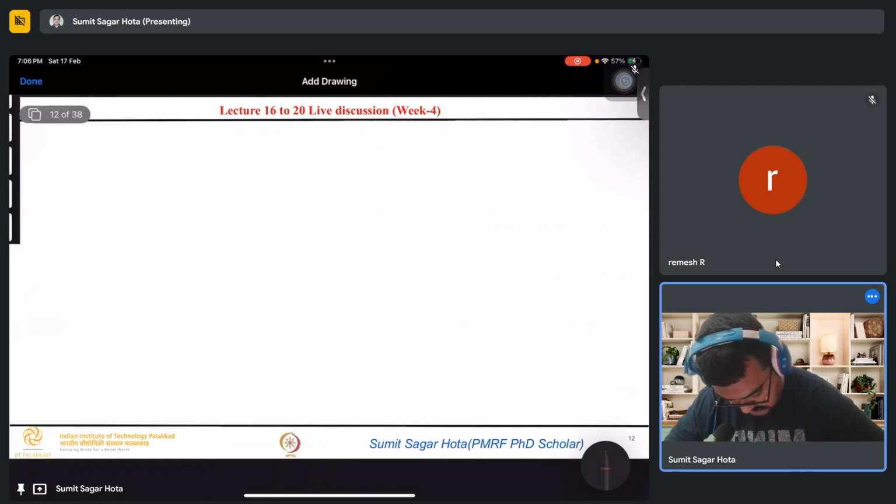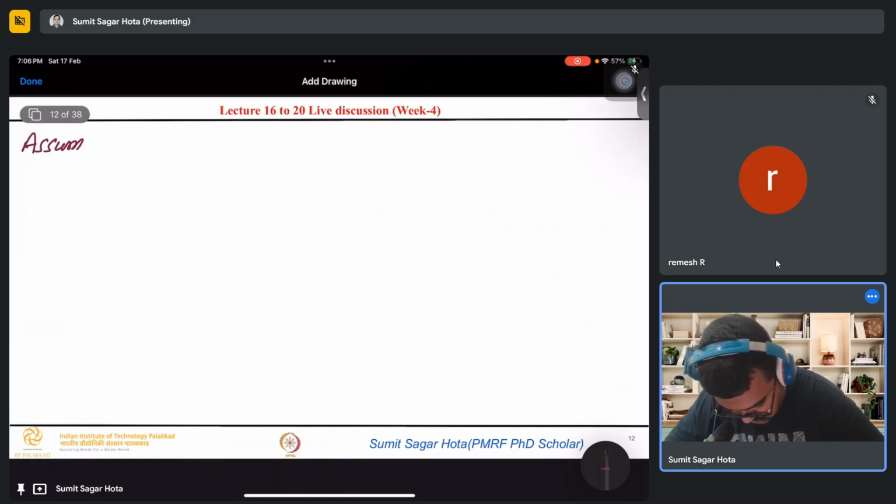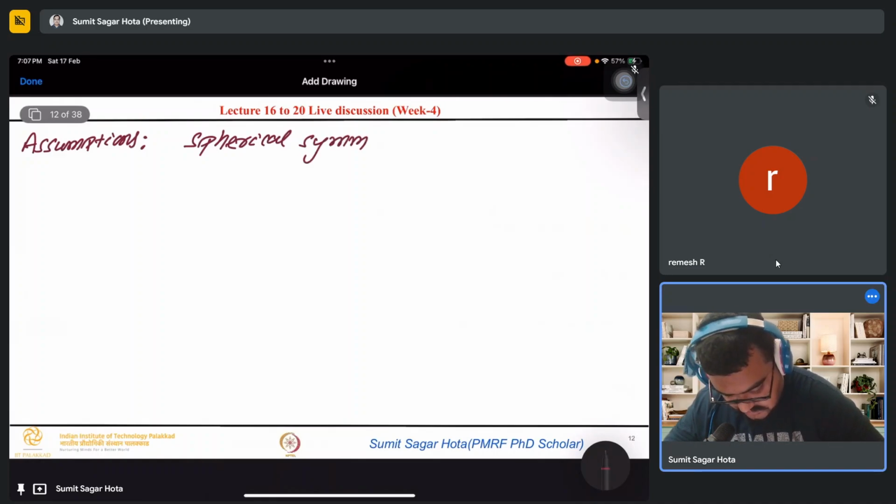What are the assumptions? Spherical symmetry. What does it mean? The flame is symmetric.